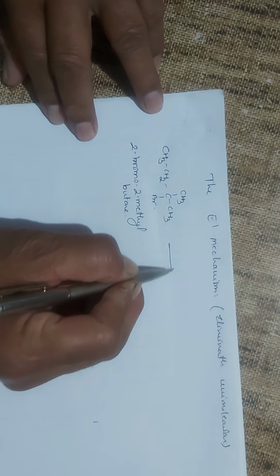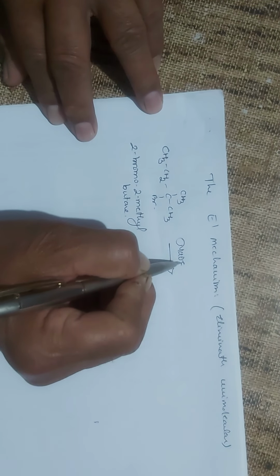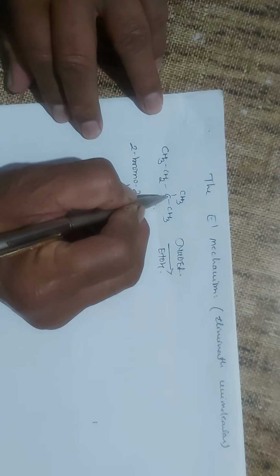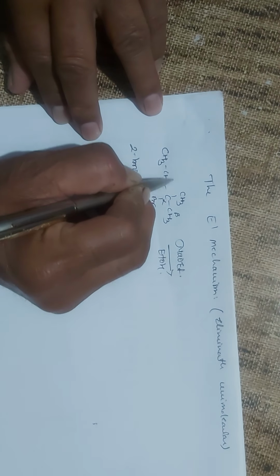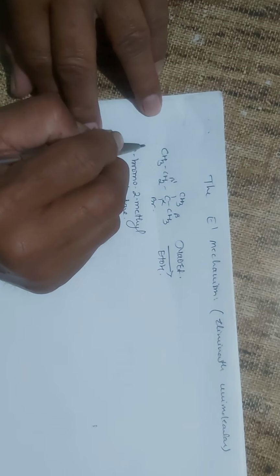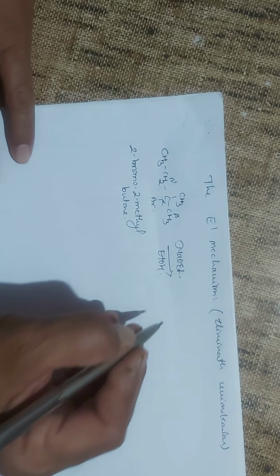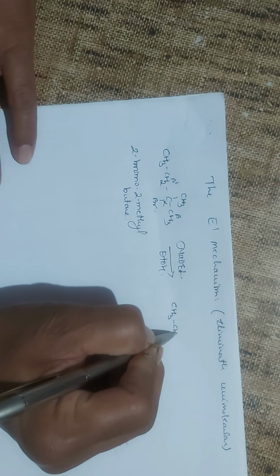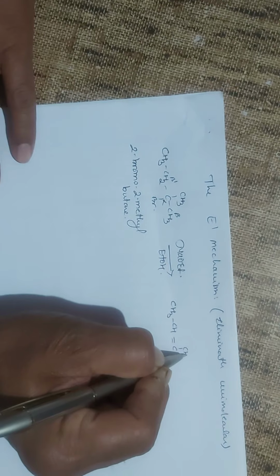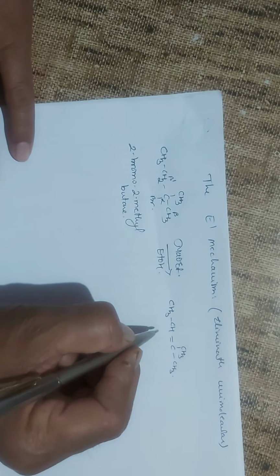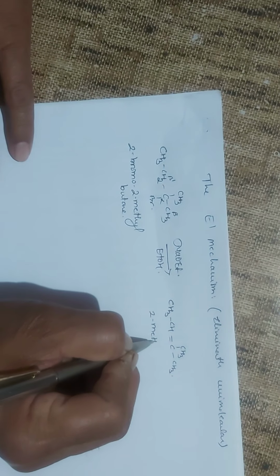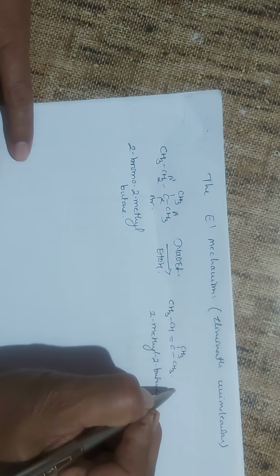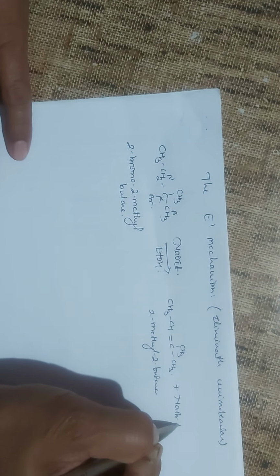If you carry out the reaction with the strong base, sodium ethoxide, in presence of ethanol, here this is alpha carbon, this is beta carbon, this is beta dash. You are going to get the product CH3CH=C(CH3)CH3, that is 2-methyl-2-butene, plus NaBr plus EtOH.